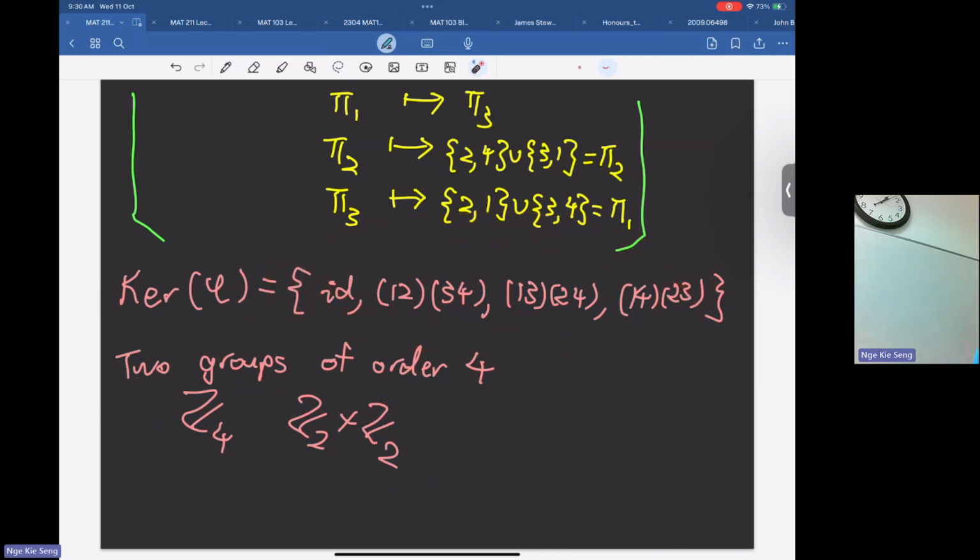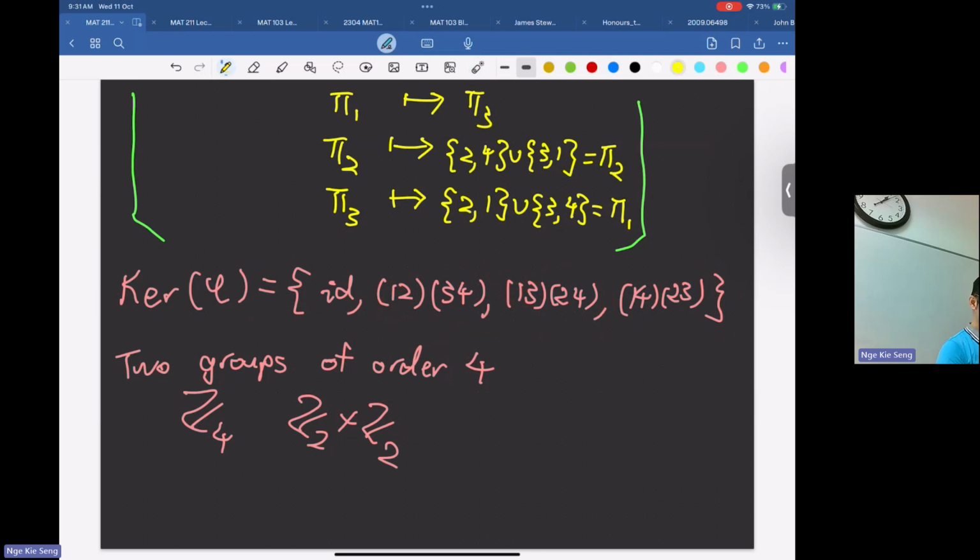You can see that these items here have order 2. Order of elements means how many times you compose with yourself to go back to identity. These are products of transpositions.